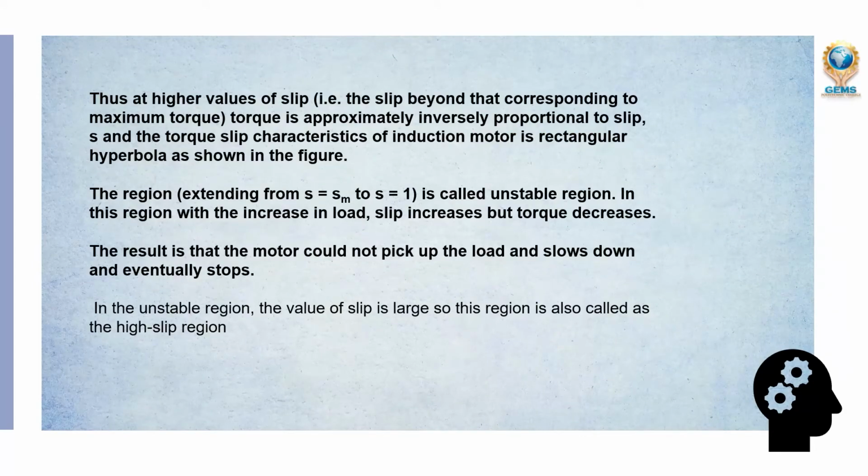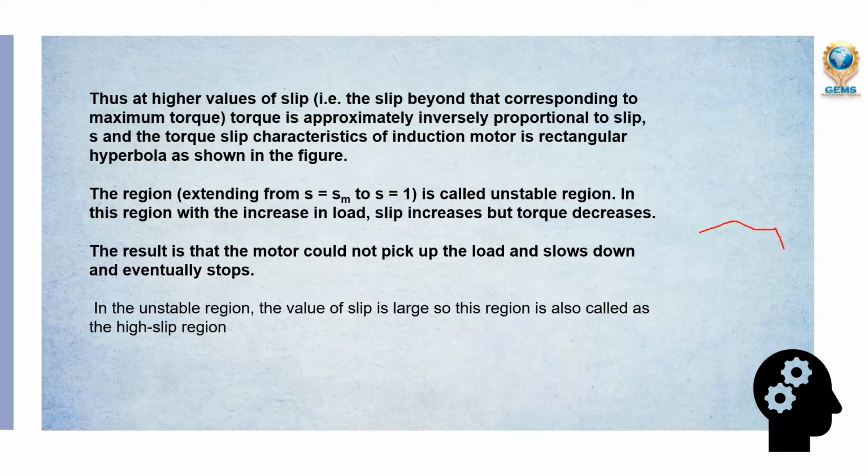At higher values of slip, beyond the maximum torque, the torque is inversely proportional to the slip, and the torque slip characteristic is more rectangular hyperbola. We saw it is not coming down linearly, it is a hyperbola.